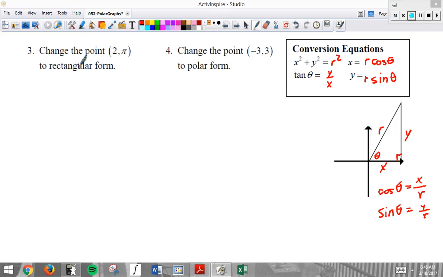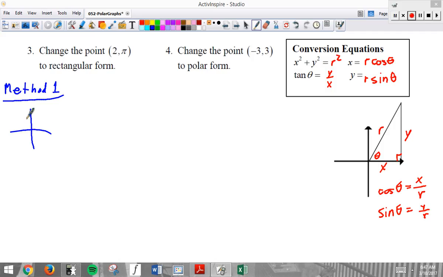So change this point to rectangular form. Two methods I want to talk about. Method 1. All right, really quick. What form is it in? It's polar, because I'm trying to change it into rectangular form. So method 1, if you're good at polar coordinates, is to picture what this would look like. 2 out, and then rotate by pi.